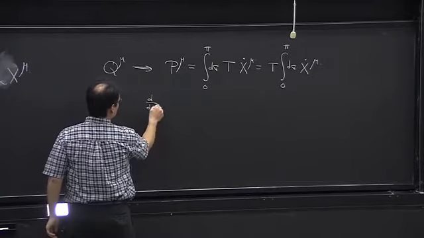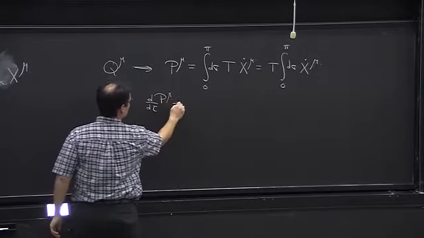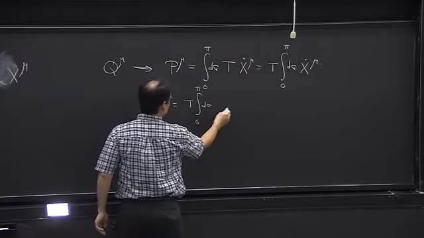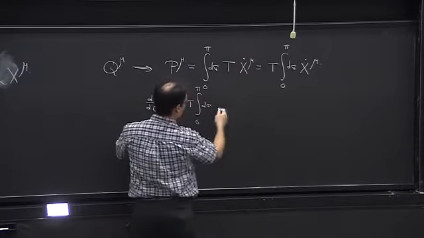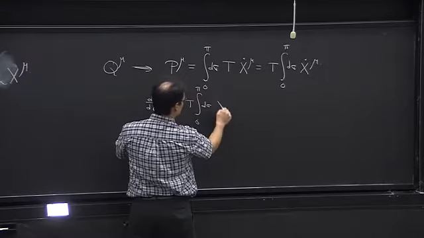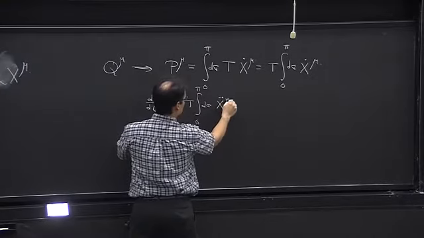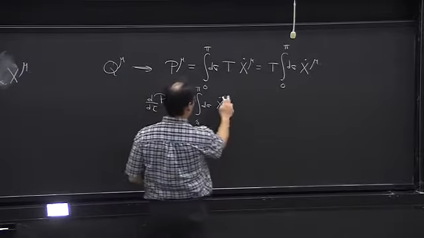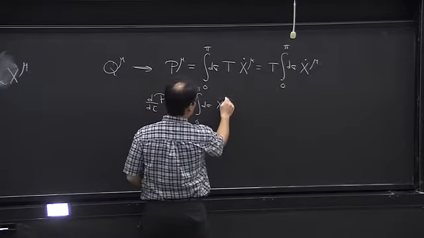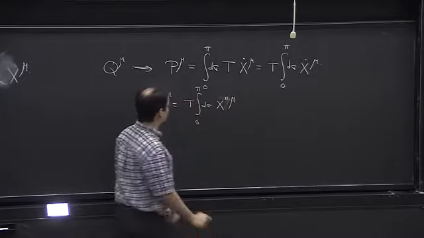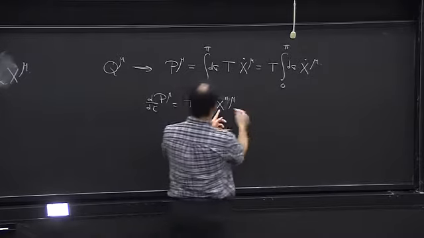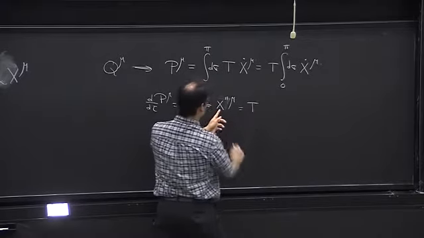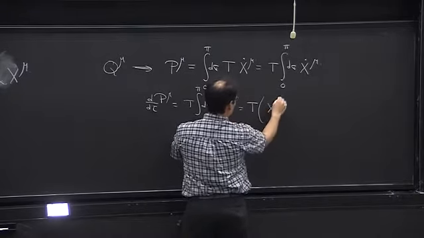So we can take the derivative with respect to tau, and then we will get something like the integral from 0 to pi of d sigma. This will come in as a partial derivative. So this thing will be x double dot mu. But now we can use the equations of motion and replace this by x double prime. And one of these derivatives, we can use it to write this as x prime.